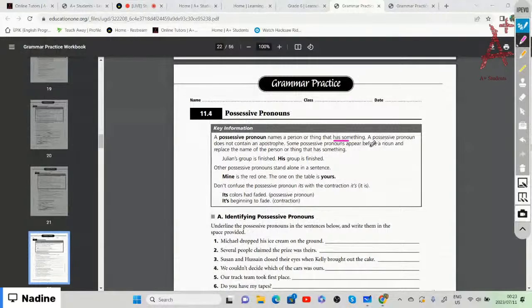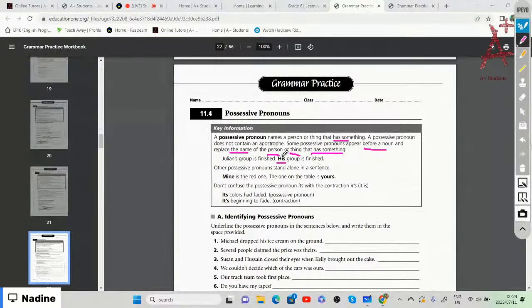Some possessive pronouns appear before a noun and replace the name of a person or the name of a thing that has something. Remember, it replaces the name of a person or thing that has. For example, Julian's group is finished.